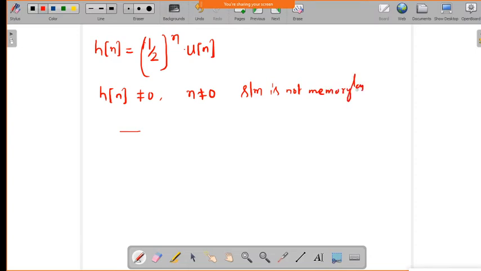Similarly, you can find whether h of n is 0 for n less than 0. So h of n is 0 for n less than 0, yes, because it exists only from 1 to infinity. Then the system is causal.